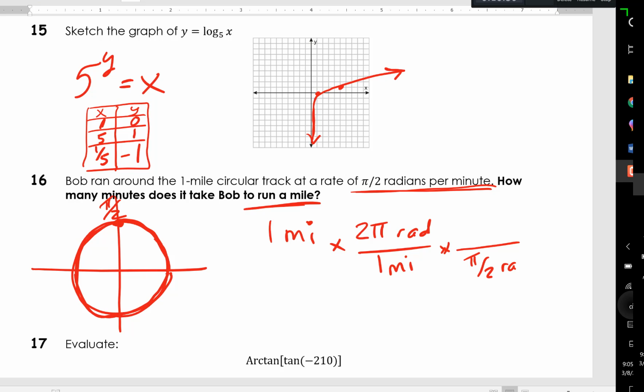So pi over 2 radians per 1 minute. And so the radians cancel and the miles cancel and you end up with minutes. So 2 pi divided by pi over 2 is 2 pi times 2 over pi. So that is going to be 4 minutes.